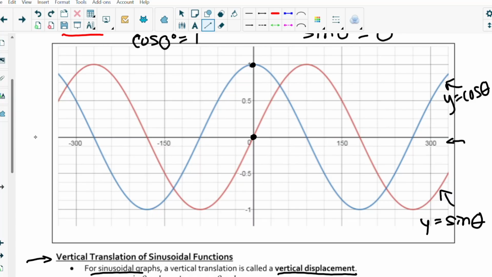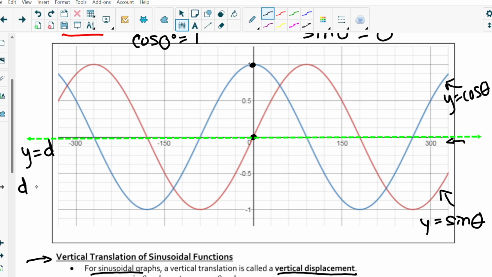Okay, our sinusoidal axis is right here, and it's y equals d. Well, in this case, d equals 0 because there's no vertical displacement on either of these two graphs. So y equals d, y equals 0. Okay, so that's our sinusoidal axis. I'll just write it here: sinusoidal axis at y equals 0.